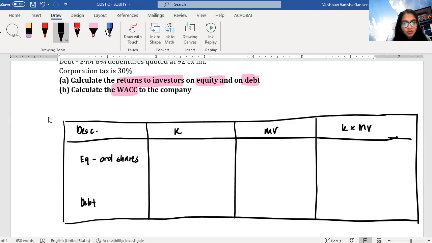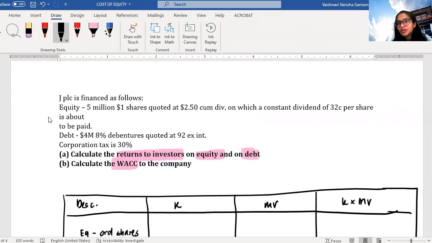Okay, so when you talk about K of ordinary shares, now we go and read the question. So JPLC is financed as follows. So equity, you have $5 million $1 shares quoted at 250. Guys, come diff, on which a constant dividend of 32 cents per share is about to be paid.